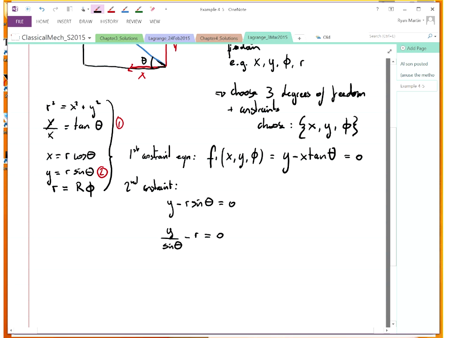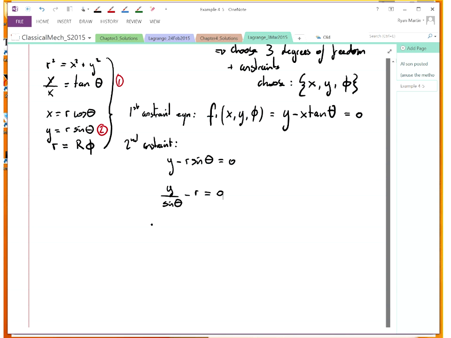So I divide that through by sine theta, I have y over sine theta minus r equals 0. But I don't want lowercase r's in here.